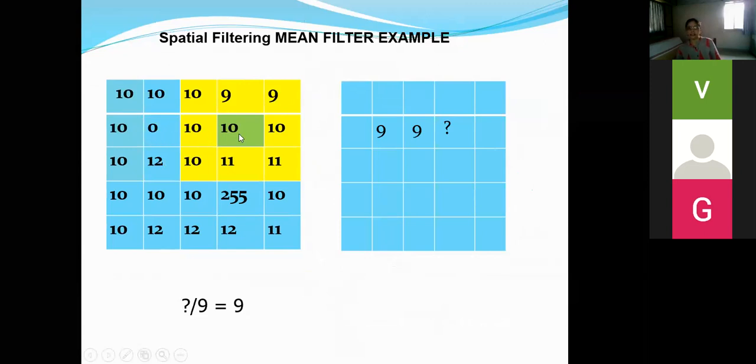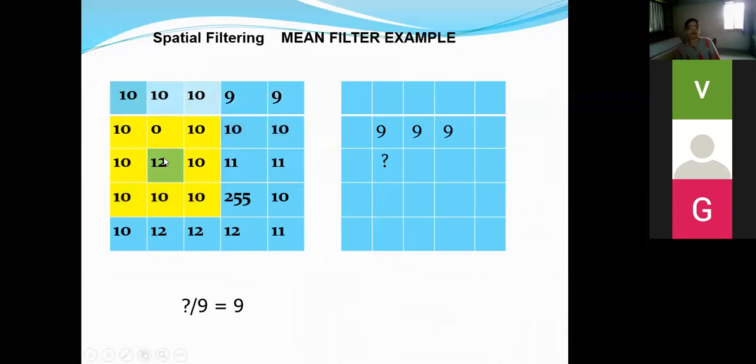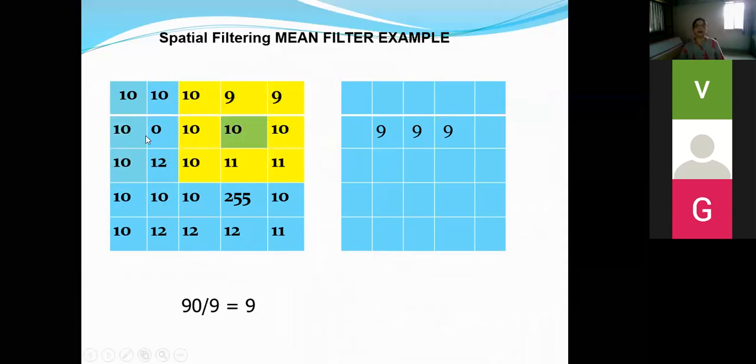Now after completion of all the pixels from this row, we can go to the next row. From the next row, we start with this pixel. Here, I would like to explain one important point. Right now, we are not considering pixels from the very first row, similarly the first column.